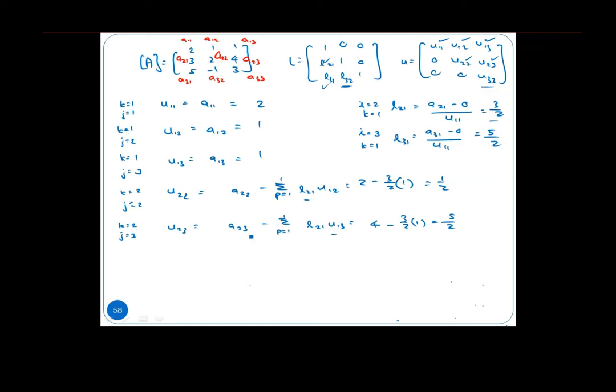So if you want to find L, so-called I equals 3, K equals 2, to find our L32, then we have A32 minus, P equals 1, we have L31 U12 over U22. Right? So it will give us minus 1.